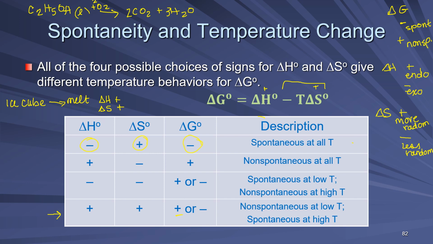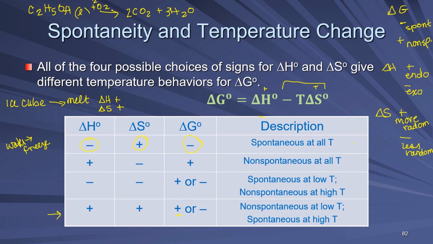The same is true if they're both negative. So if it's an exothermic reaction, but something is becoming more ordered, which would be the reverse of this. So let's say we're taking water and we want to freeze it. That's going to be exothermic. It gives off heat. It's also becoming more ordered, and so that's where they're both negative.